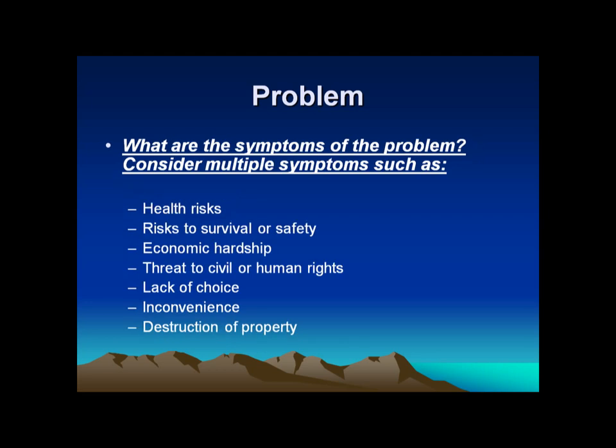Next, the slide shows: what are the symptoms of the problem? Consider multiple symptoms such as the first one, a health risk, next a risk to survival or safety, economic hardship, a threat to civil or human rights, lack of choice and inconvenience, and the last one is destruction of property.